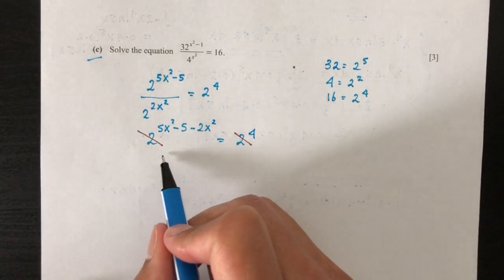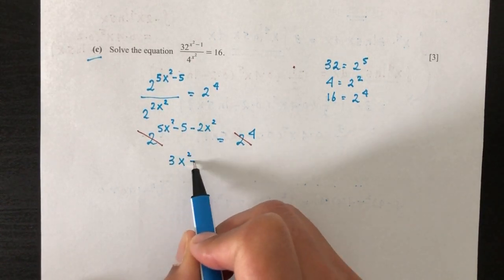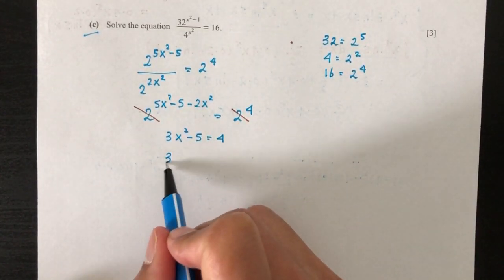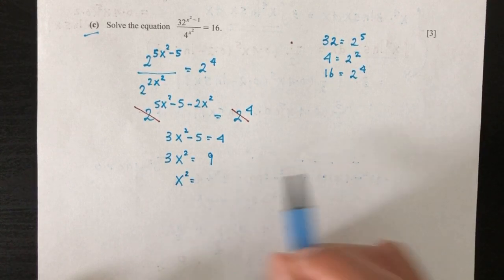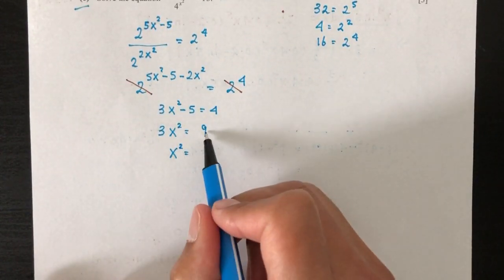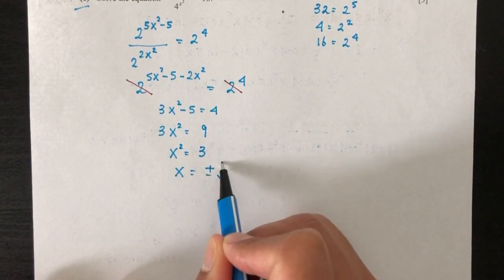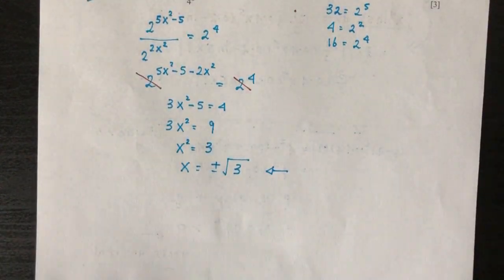So you will have 5x squared minus 2x squared, that will be 3x squared minus 5 equal to 4, which means 3x squared equal to 9, so x squared is equal to 9 divided by 3, that should be 3. x is plus minus root of 3. And that is your question number C, 7.